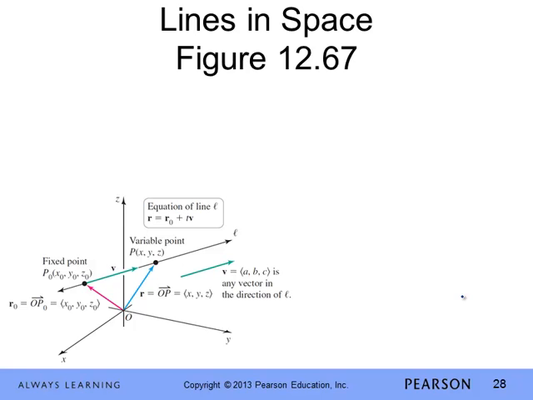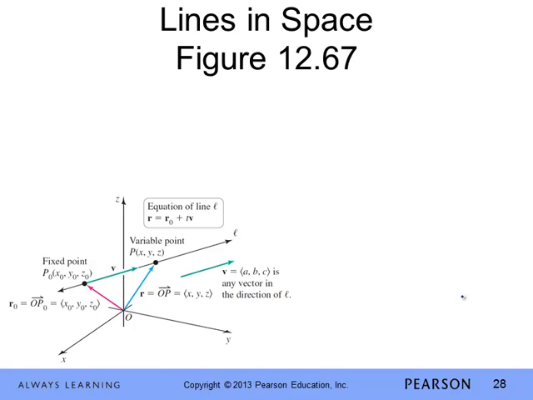Now, you look at this vector that goes from the origin out to that specific fixed point P sub 0. Call that vector OP sub 0. And then we have this variable point P, and you look at the vector that goes from P sub 0 out to P, and that's going to be some multiple of vector v. That multiple is going to be t.